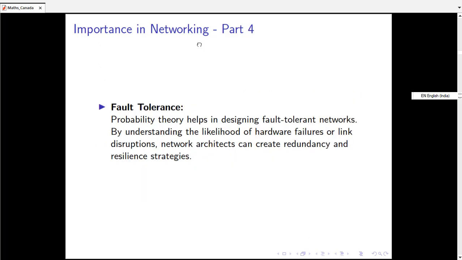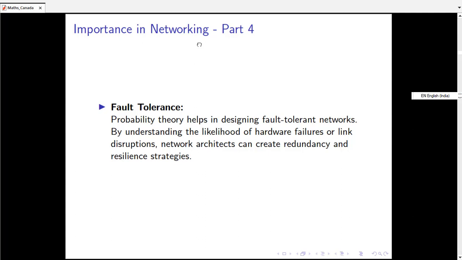And the final one is fault tolerance. Fault tolerance is very important. Why? Because while designing networks, we have to understand that if this fault happens, or if that fault is created by certain conditions, your network should be tolerant enough to cope with that particular fault. That is an inherent characteristic we have to deal with.